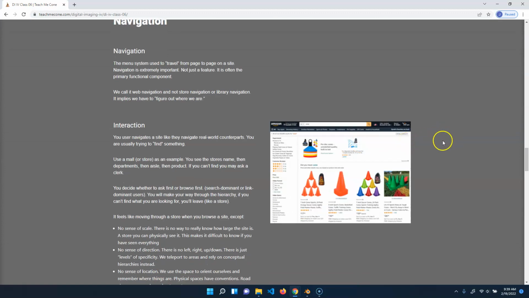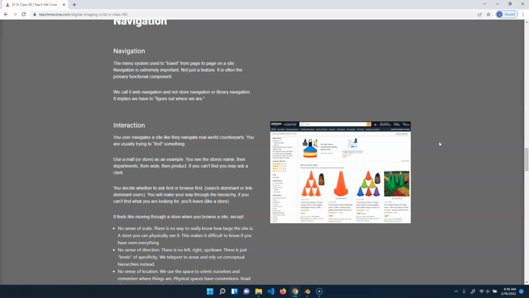So navigation. Obviously you need to have some sort of menu system. Typically if I was going to a store, I'd walk in the front door and I would be able to see every aisle has a description of the category of things that are in that aisle. Then I would go down that aisle, and things would be organized, all lights near each other, and I'd grab those things.